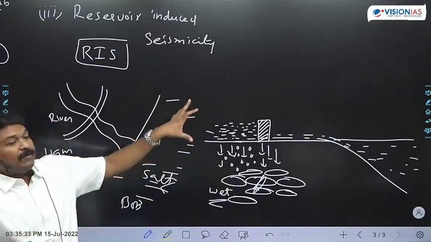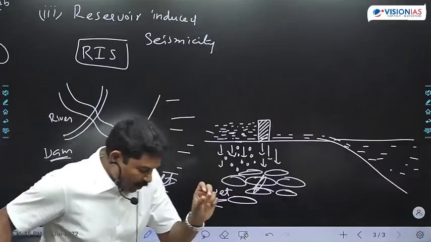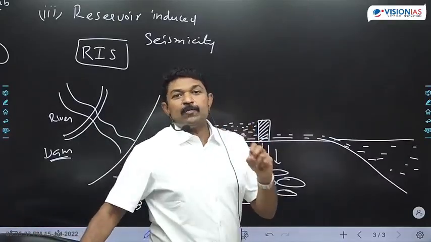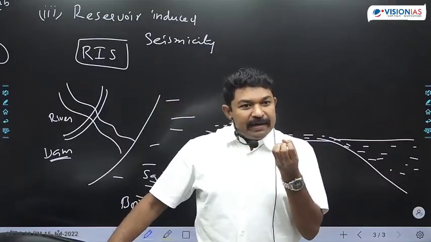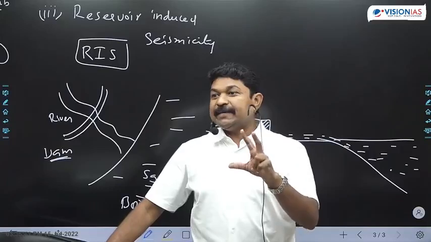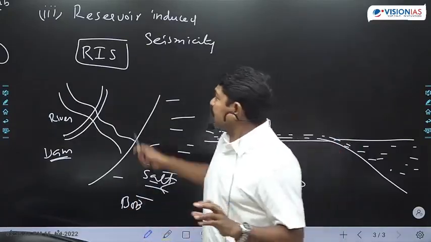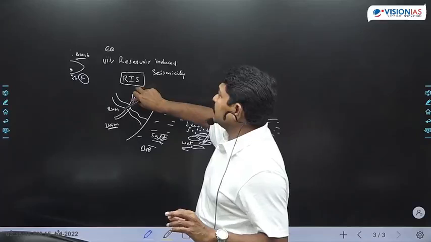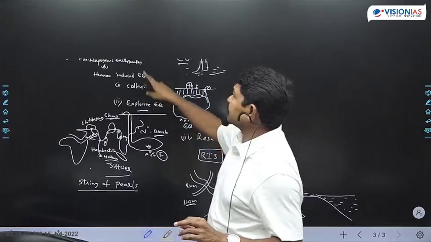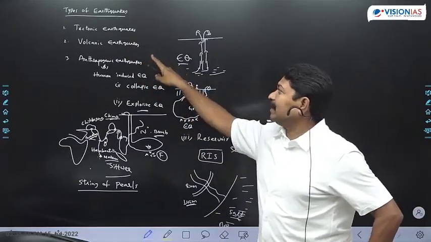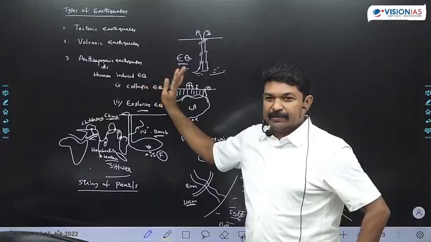These are the different varieties of earthquakes based on how the earthquake is taking birth, nothing but based on genesis. Like one is called tectonic, another volcanism, another human induced.